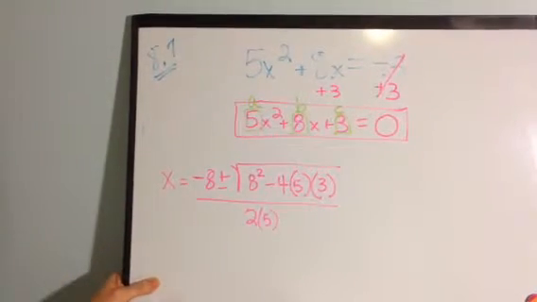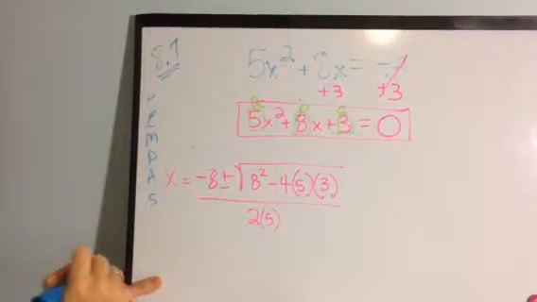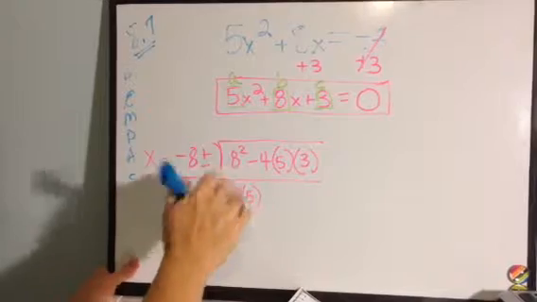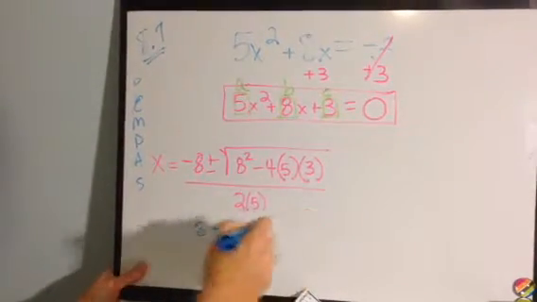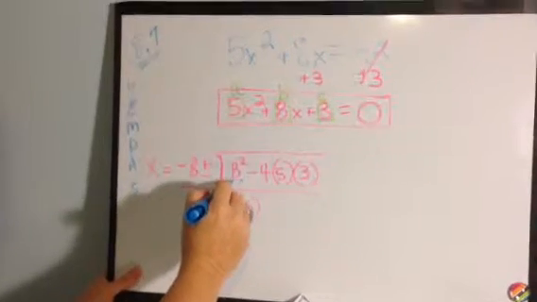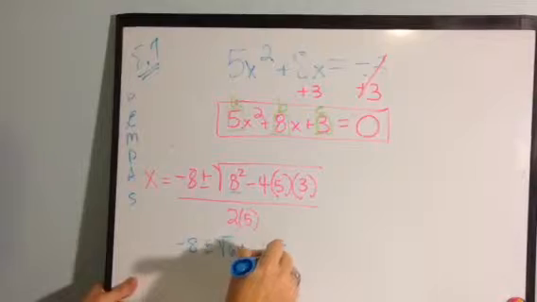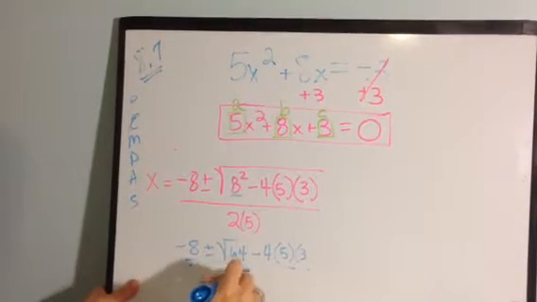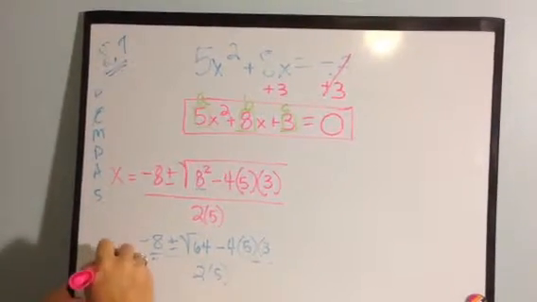So I would start out, remember that whole please excuse my dear Aunt Sally. You want to do your order of operations. So you want to first do your exponents. So I'm just going to end up copying this a couple times over: negative 8 plus or minus the square root of 8 squared is 64 minus 4ac over my 2a. Okay? So that's where I am now.